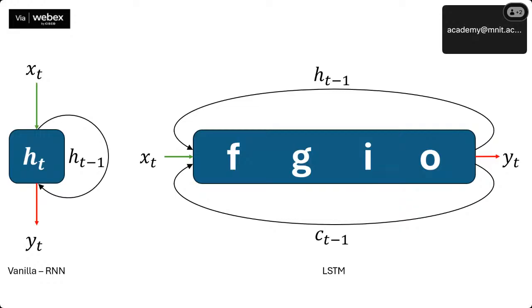If you have a sequence length of around 7 or 8 samples in a sequence, then maybe you can go for RNNs. But if it's a long sequence, like 100 or 200 sequence length, you should go for LSTM.